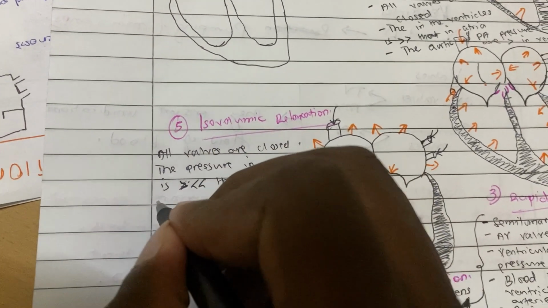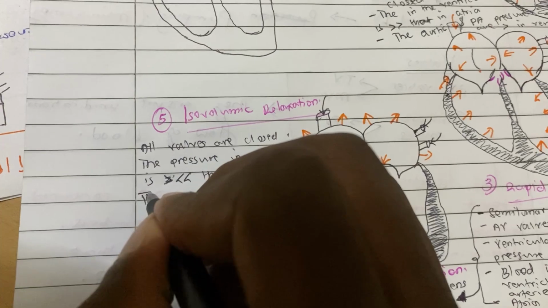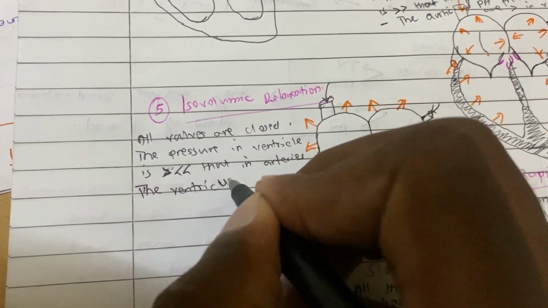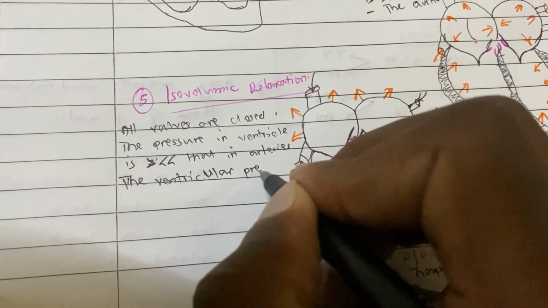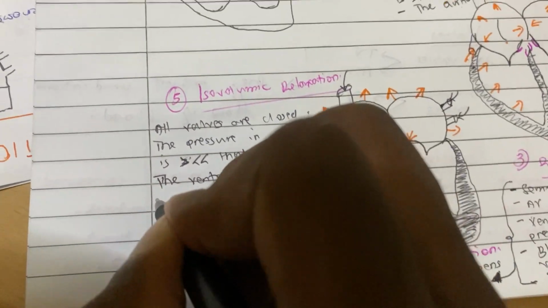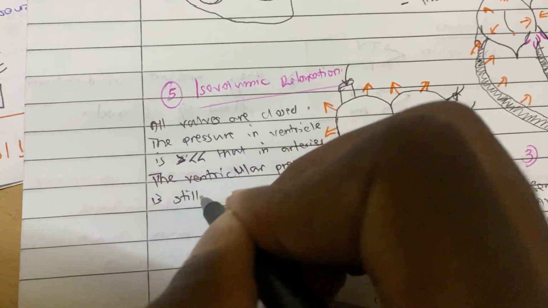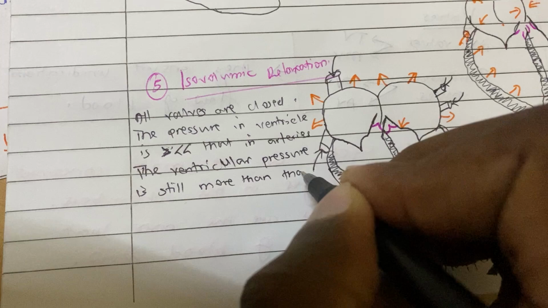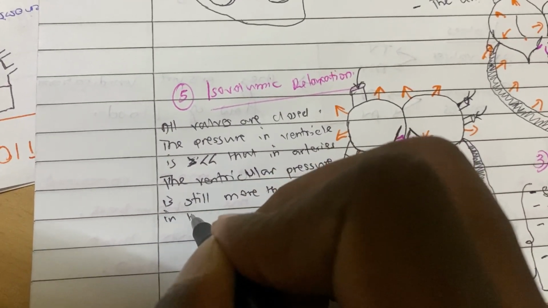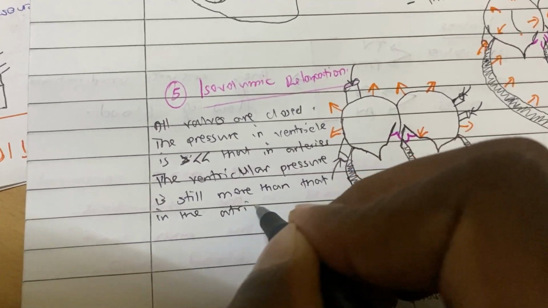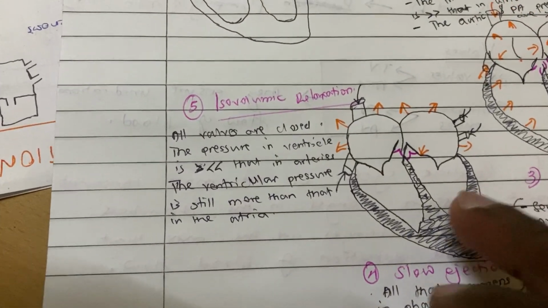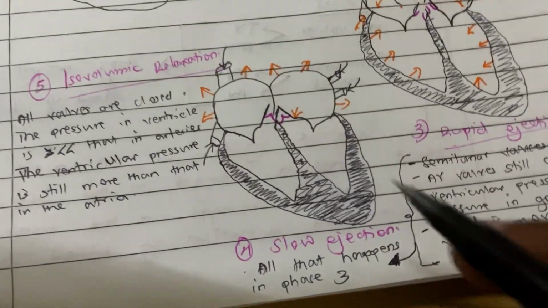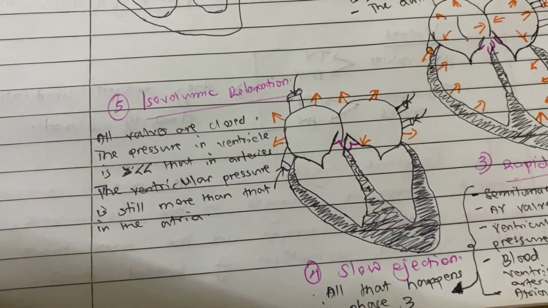But the ventricular pressure is still more than that in the atria, and that is why the mitral valve and tricuspid valve cannot open.